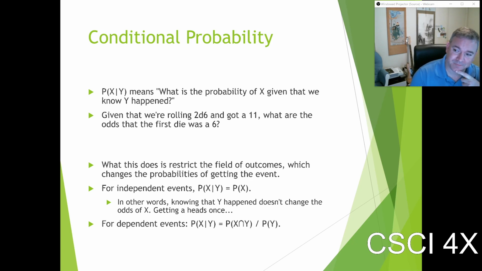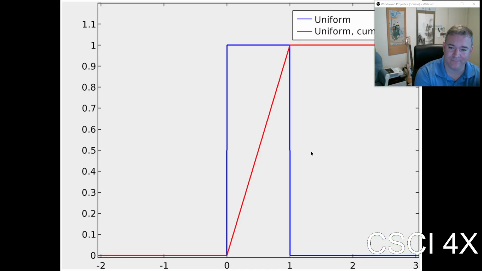One out of 4? How many different ways are there of rolling a 7? I rolled 2d6 and I got a 7. What are the odds the second die was a 6? You guys remember?